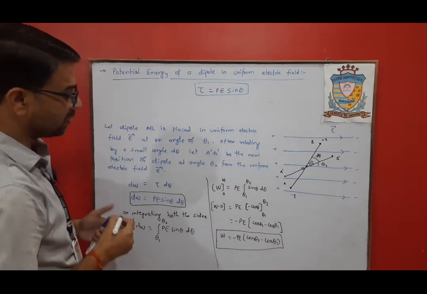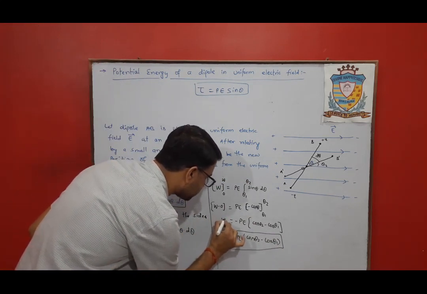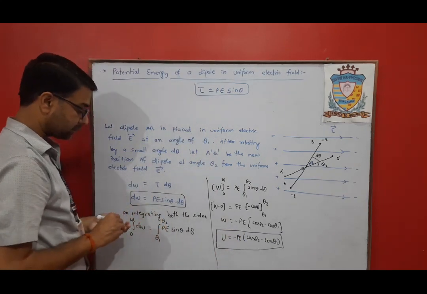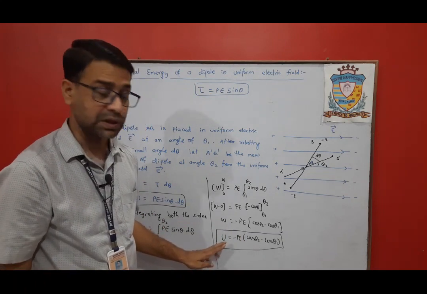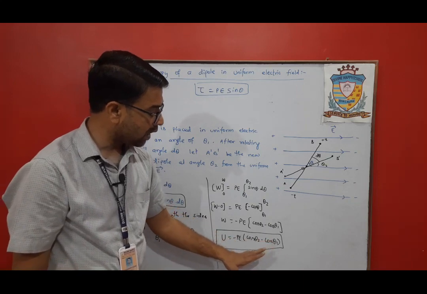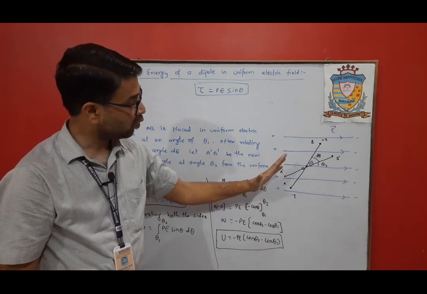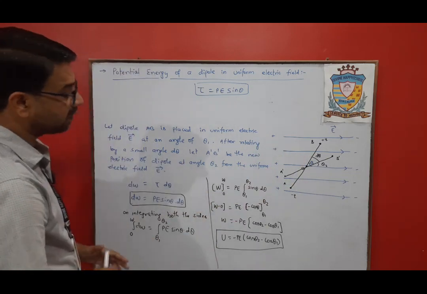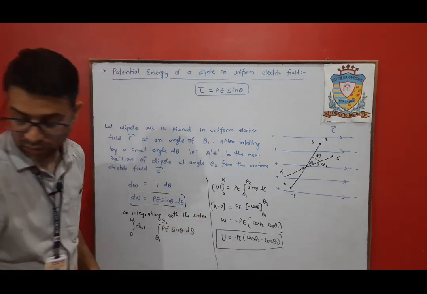Clear? So this work done will be stored in the form of potential energy. So this potential energy is equals to minus PE cos theta 2 minus cos theta 1, where theta 2 is the angle after displacing it by an angle d theta, and theta 1 is the initial angle. Now we will discuss some special case based on it.